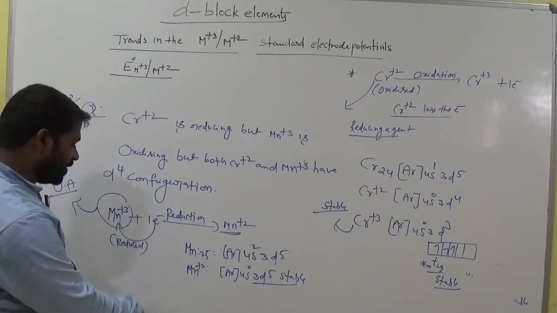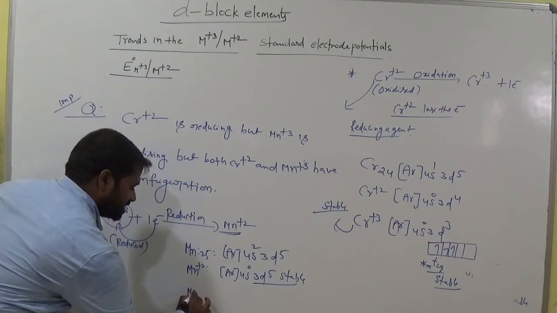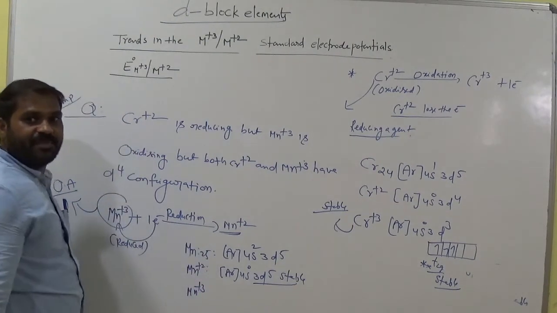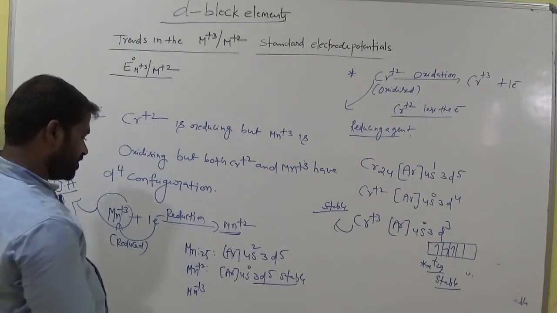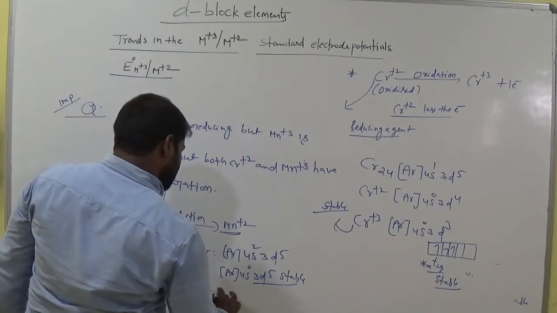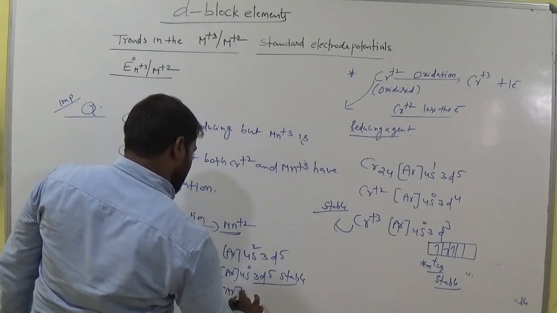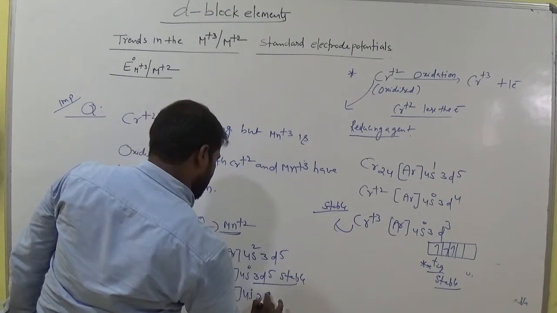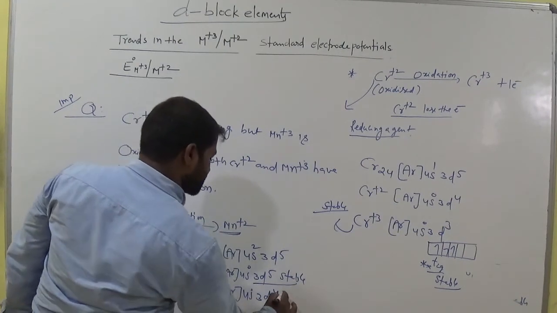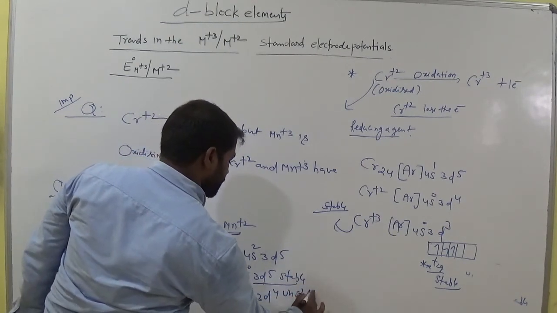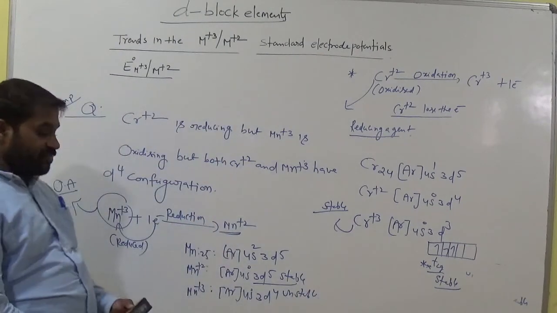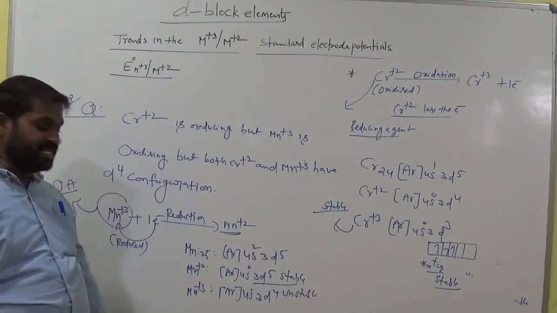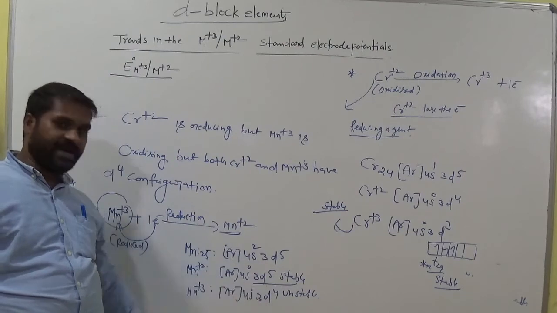Okay. Is there any possibility to form Mn plus 3? Students, is there any possibility for Mn plus 3? Mn plus 3 means argon 4s0 3d4. This is unstable. We apply more ionization energy in this case to remove the electron from 3d5.